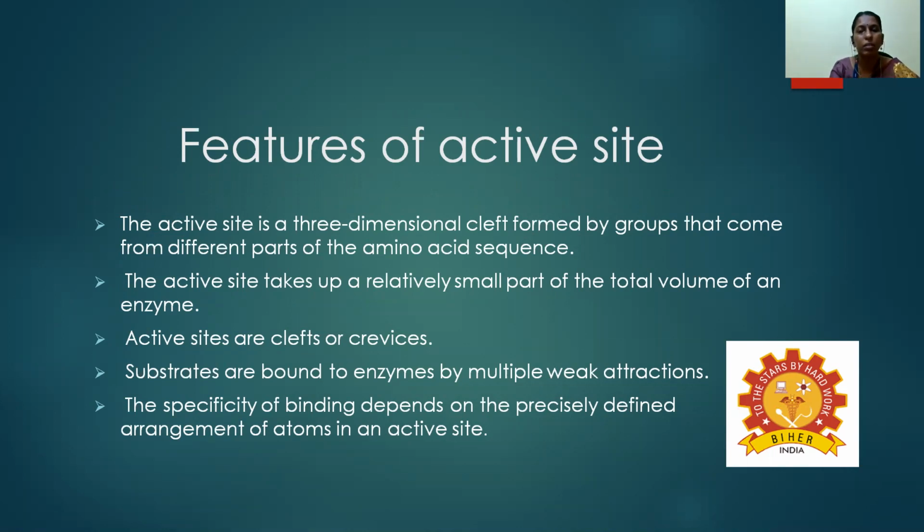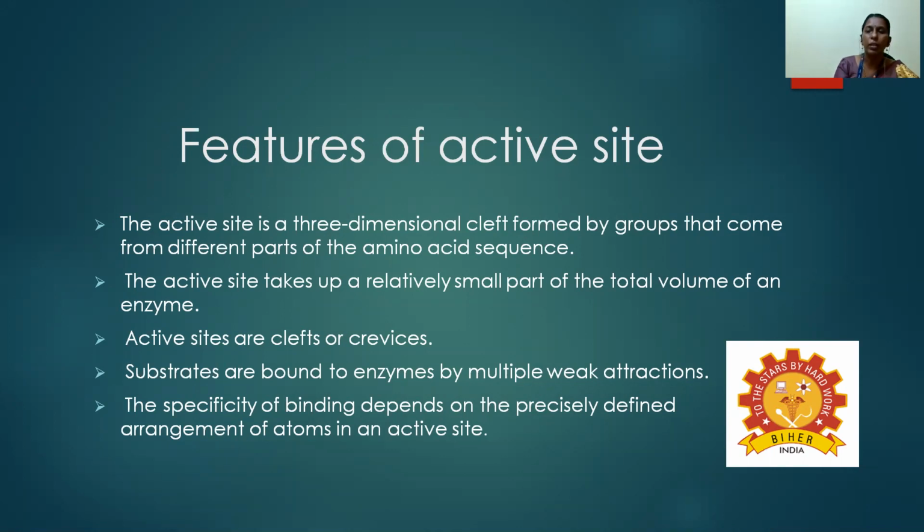The active site is a three-dimensional cleft. It is formed by groups that come from different parts of the amino acid sequence. The active site takes up a relatively small part of the total volume of an enzyme. Why do we say a three-dimensional cleft?